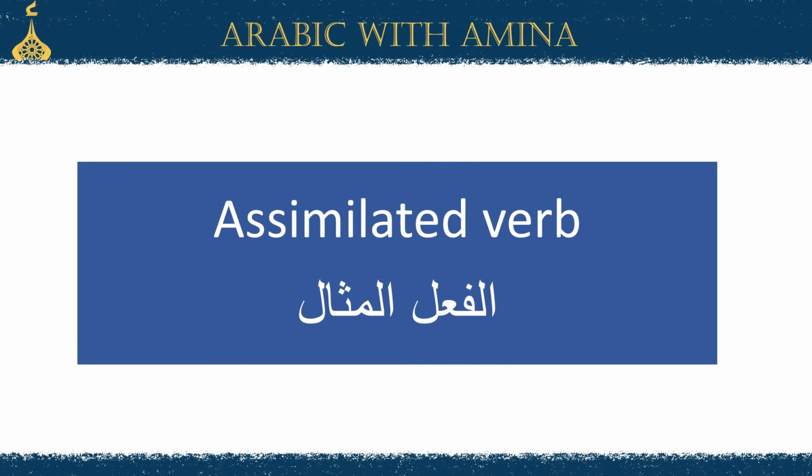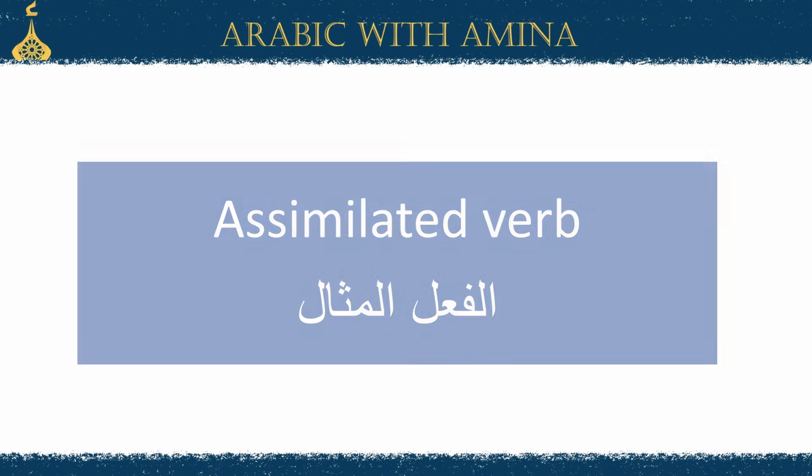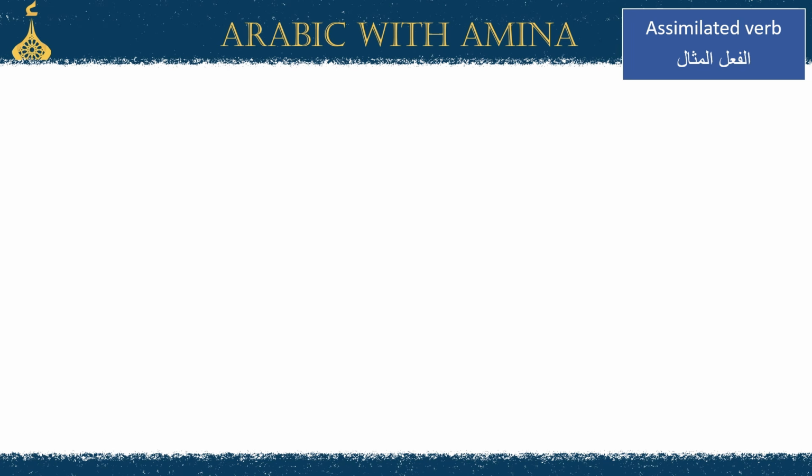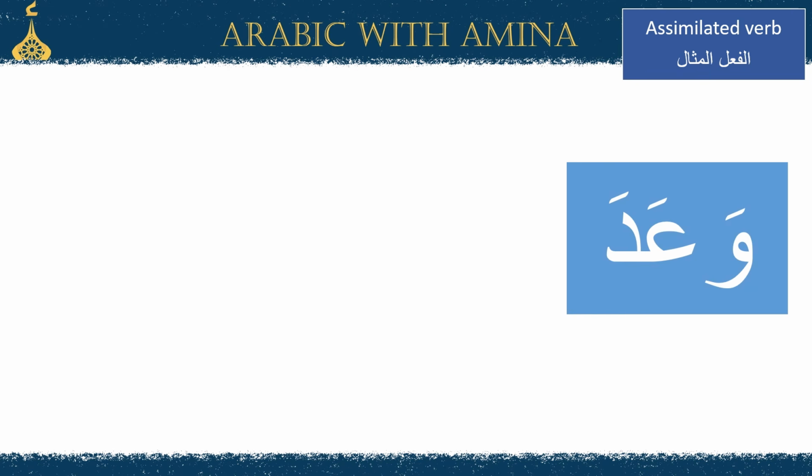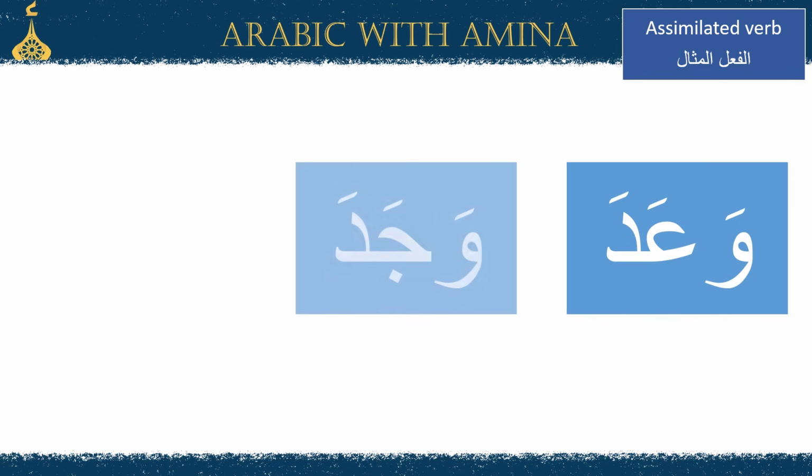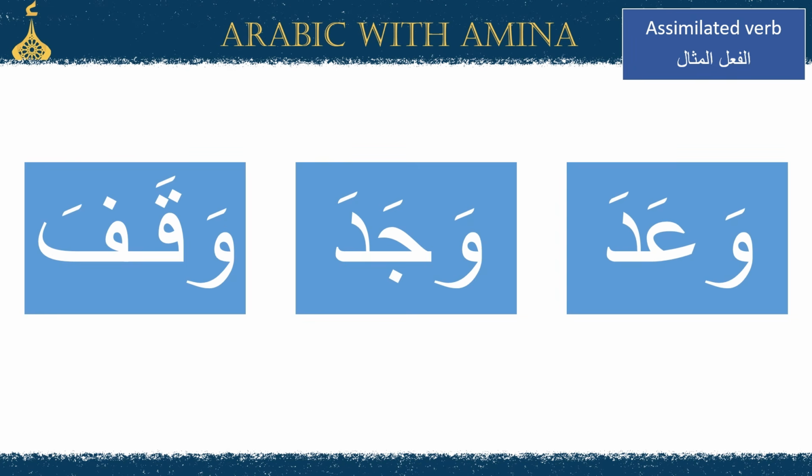We'll start with الفعل المثال, the assimilated verb. In the assimilated verb, the first letter of the root of the verb is a weak letter. Here are a few examples. وعد, to promise. وجد, to find. وقف, to stop. Can you spot what they all have in common?